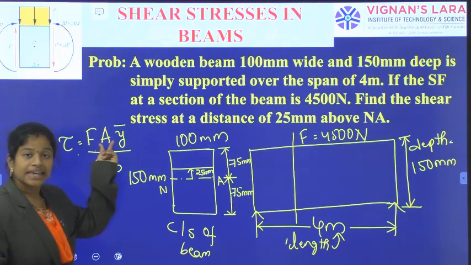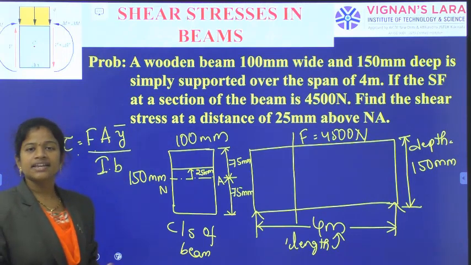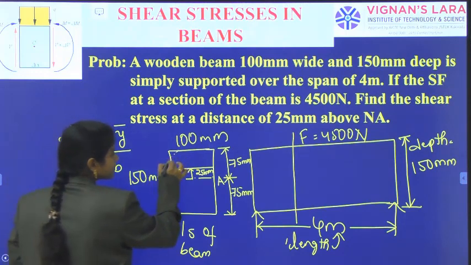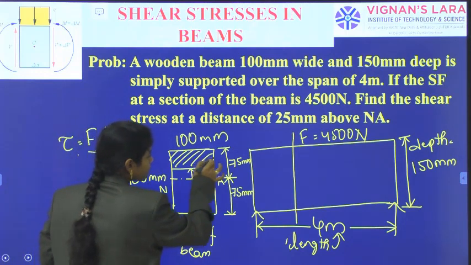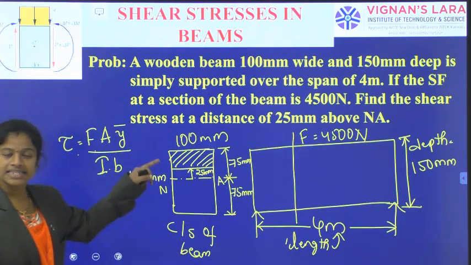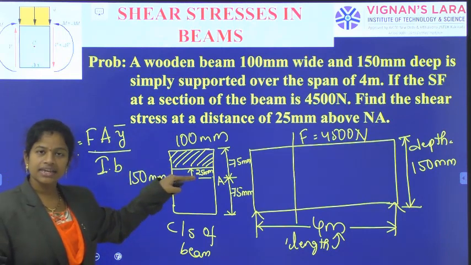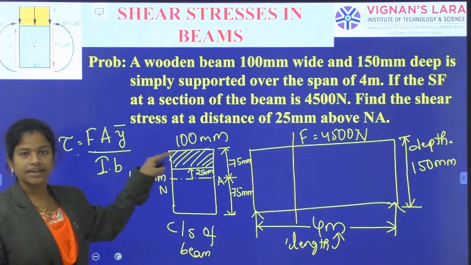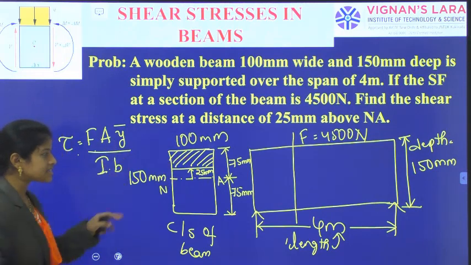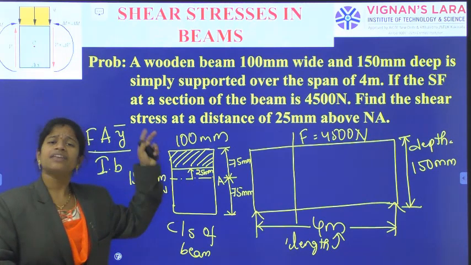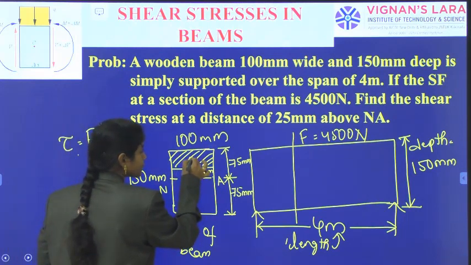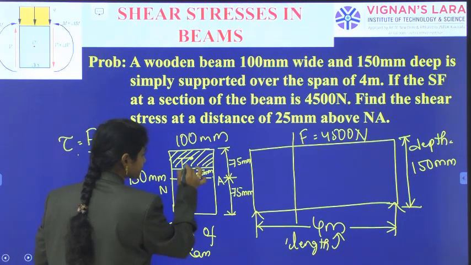And capital A: we consider some section, and above that section, the area of the portion is capital A. And y bar: for this area there will be a centroid, and from that centroid, or center of gravity, there will be a distance.